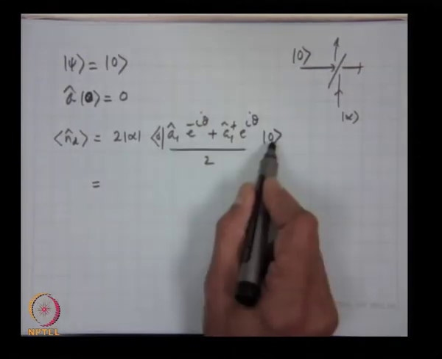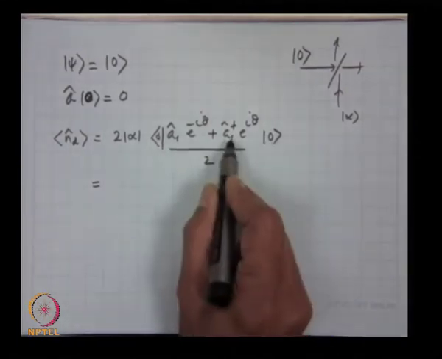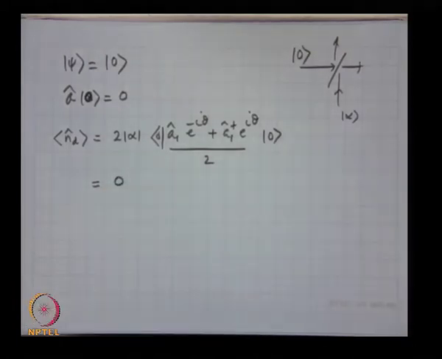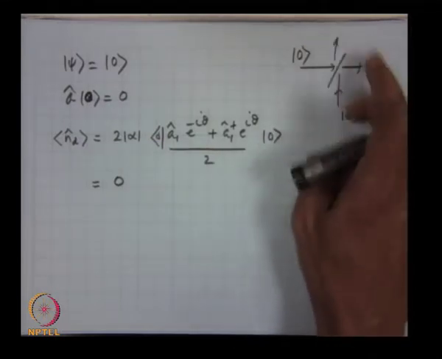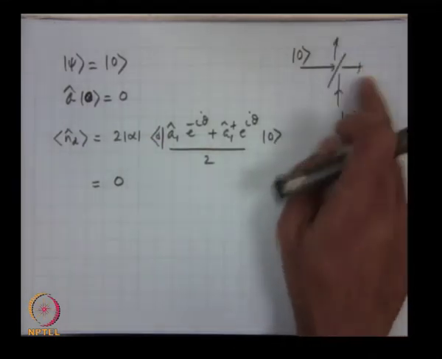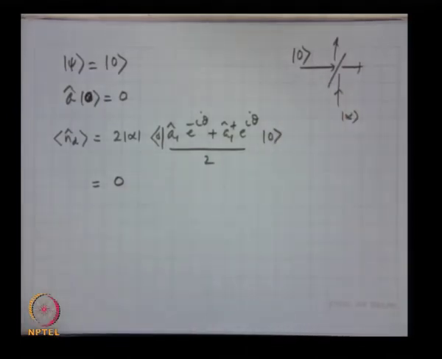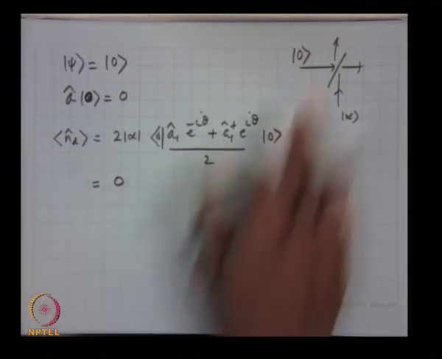A1 operating on 0, 0, A1 dagger operating on bra 0, 0. The difference signal is 0. There is no difference signal. There is signal in arm 3 and there is signal in arm 4, but the difference signal average is 0 because this is an expectation value. On an average, you're getting 0 signal at the difference between this and this.